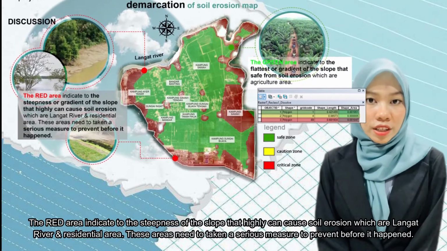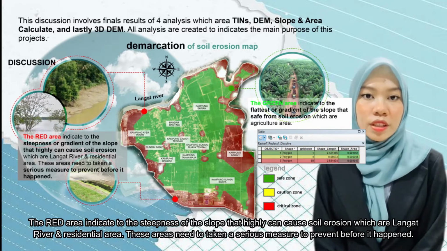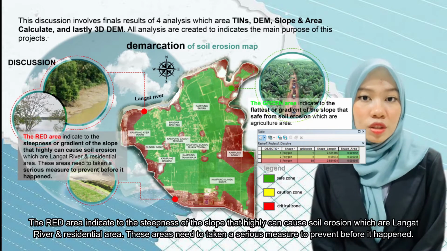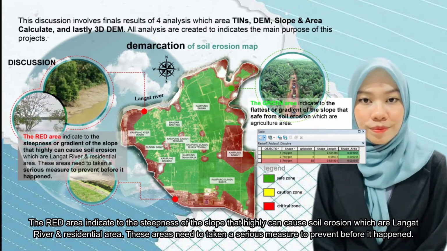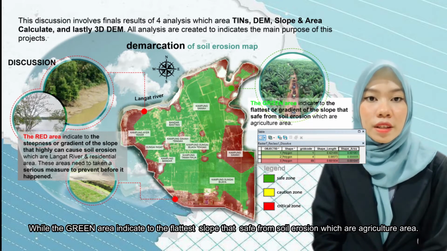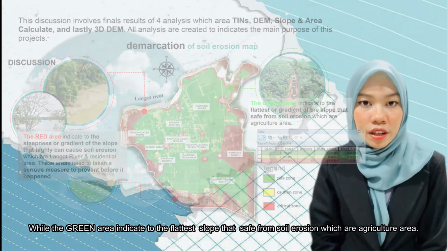The red area indicates the steepness of slope that can highly cause soil erosion, which are Langat River and residential area. This area needs serious measures to prevent it before it happens. While the green area indicates the flattest slope that is safe from soil erosion, which is the agriculture area.